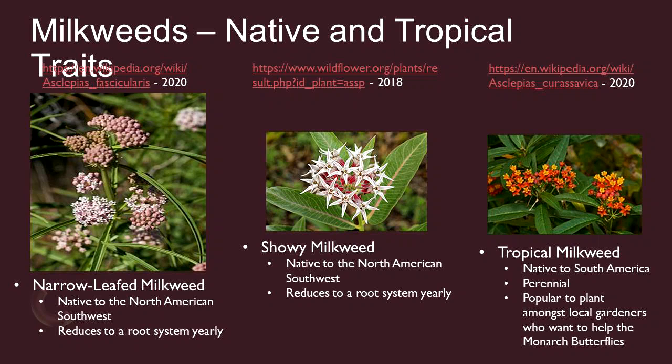Now, all of this is well and good, or not good as it were, but how does it relate to these milkweeds? Well, the issue, you see, is that one of these things is not like the others.